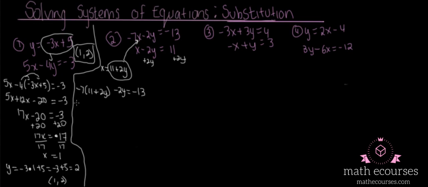Distribute, so we have negative 77. Negative 7 times 2 is negative 14y, minus 2y equals negative 13. Combine these two like terms, so I have negative 77 minus 16y equals negative 13. Add 77 to both sides.